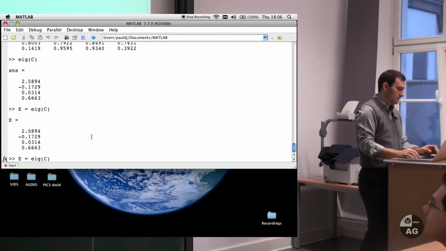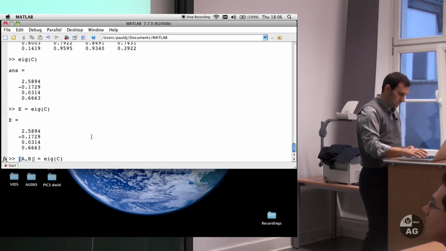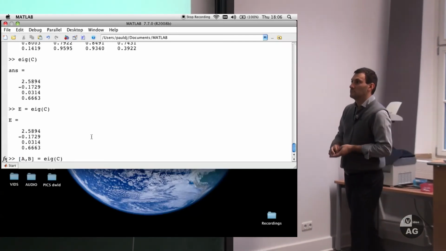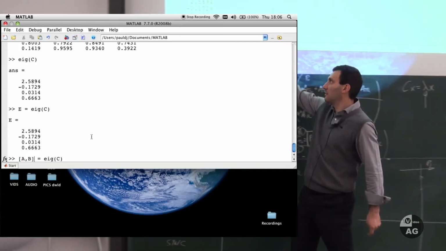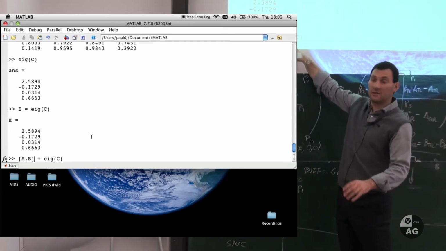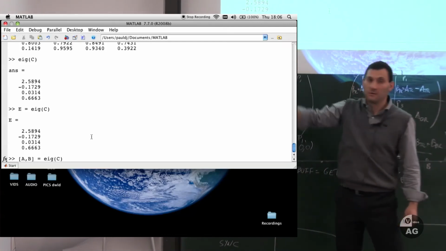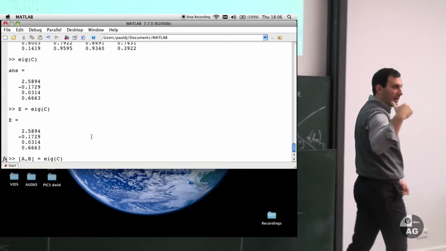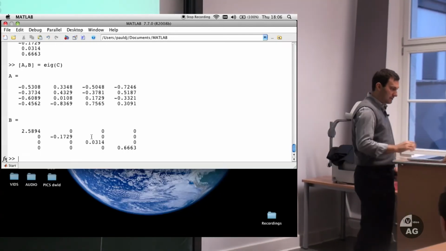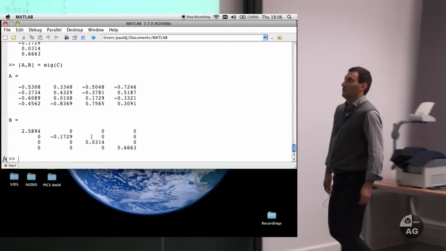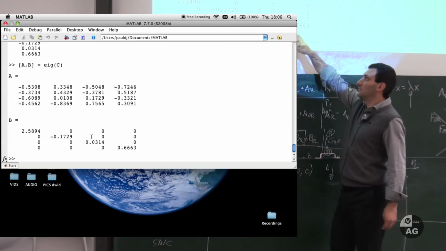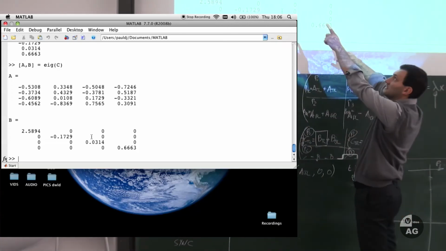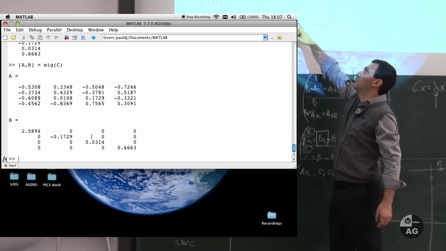Now look, if I do this, I am changing the assignment, the output, okay? Function call exactly the same, output different. Now both A and B are assigned. What I had, my eigenvalues, you can see the 663, the 314.